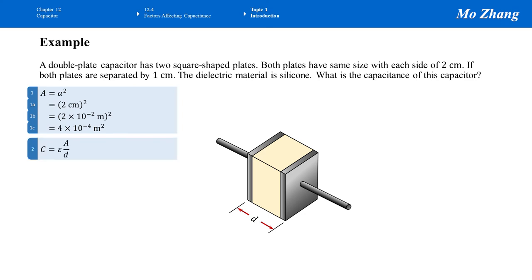Now let's use that formula. C equals epsilon A over d. We know epsilon, the absolute permittivity of a material, equals epsilon R, the relative permittivity, multiplied by epsilon naught, the permittivity of vacuum, times A over d.